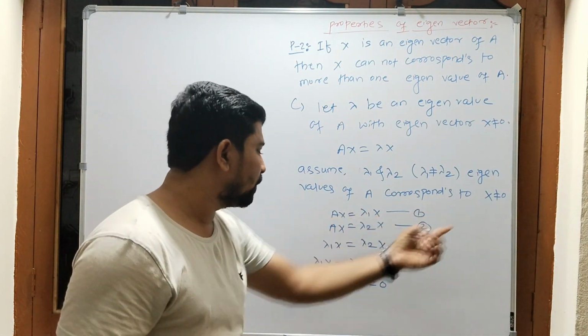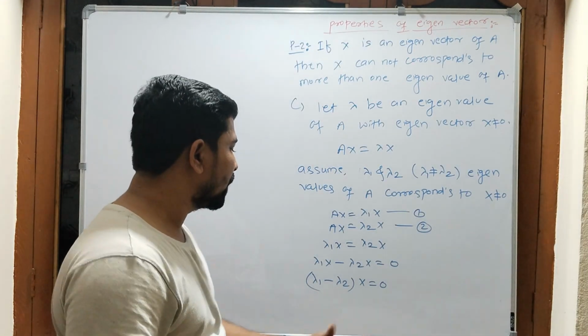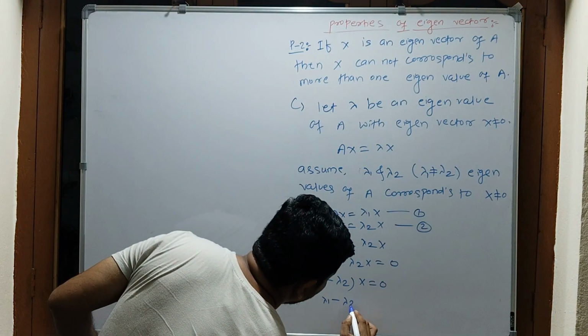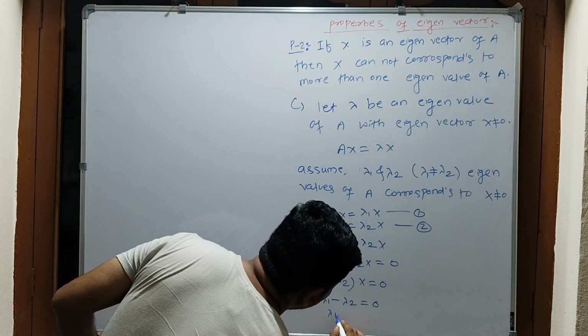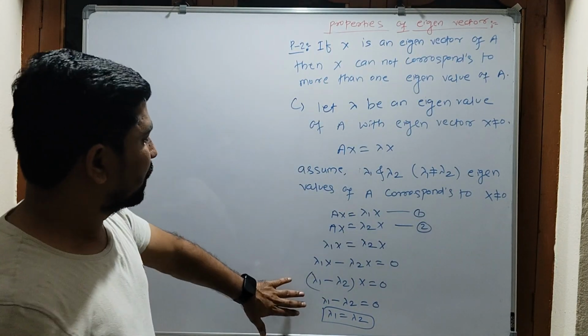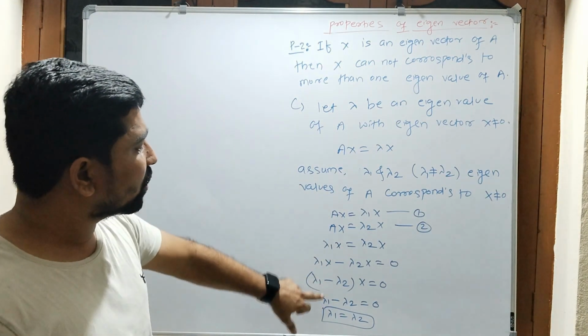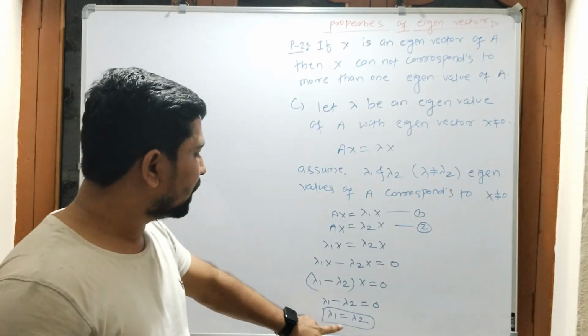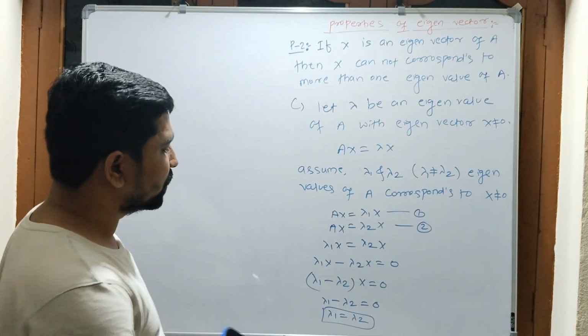Since x is non-zero, lambda 1 minus lambda 2 must be 0. This implies that lambda 1 equals lambda 2. So x cannot correspond to two distinct eigenvalues lambda 1 and lambda 2. This is a contradiction.